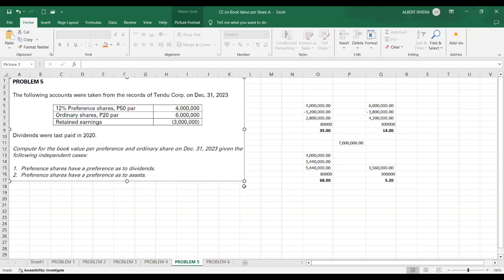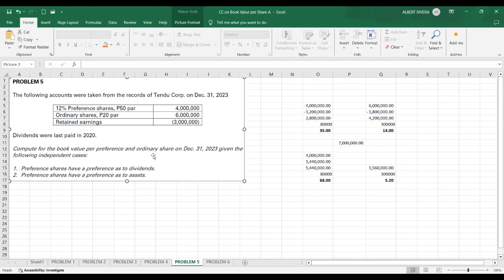Yan. So dito class, this is a special case problem. Okay? Bihira na nga itong lumabas eh. Pero maganda na-capture naman sa ano niya, materials niya. Ito kasi, ang sabi niya, may deficit kasi ito eh. Yan, 3 million, di ba?